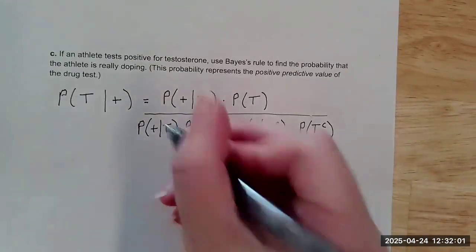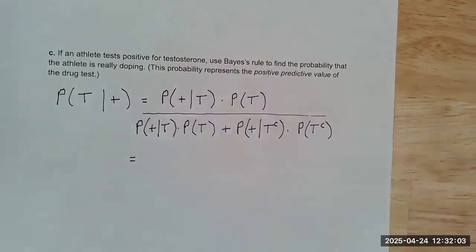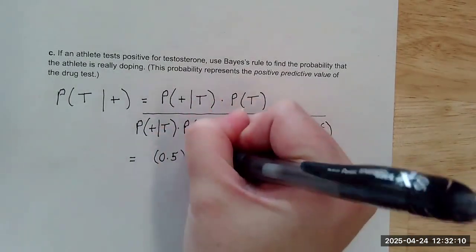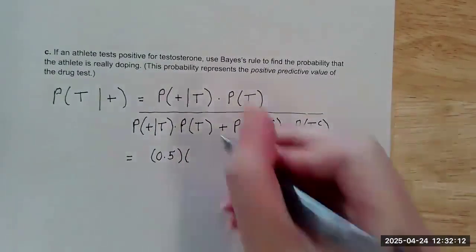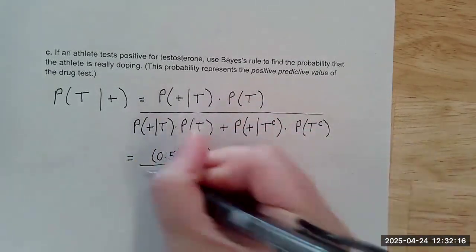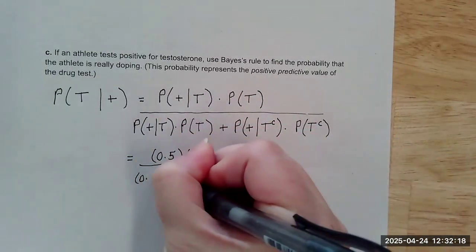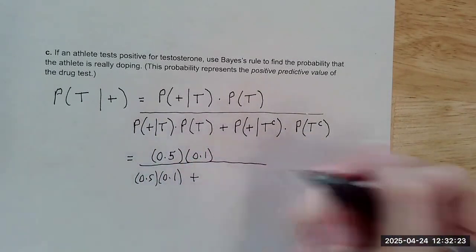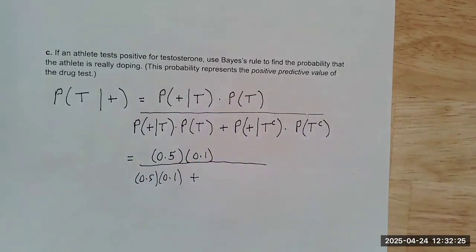All right. So probability of plus given T, we said was 0.5. Probability of T, we said was 0.1. In the bottom, we're going to write exactly what I just wrote, 0.5 times 0.1 plus. All right, and now we need plus given T complement.